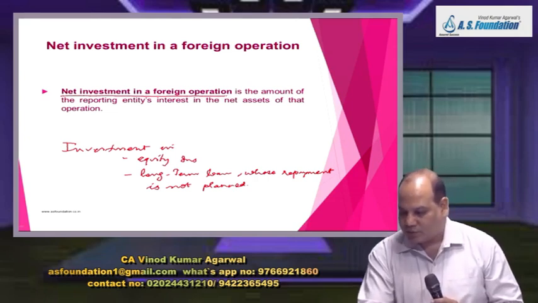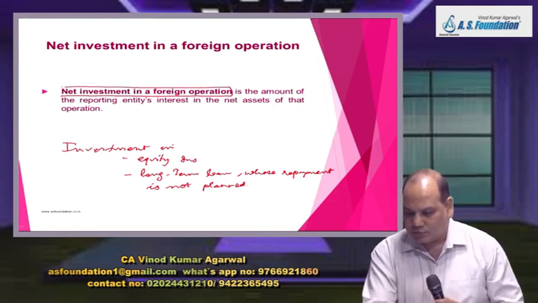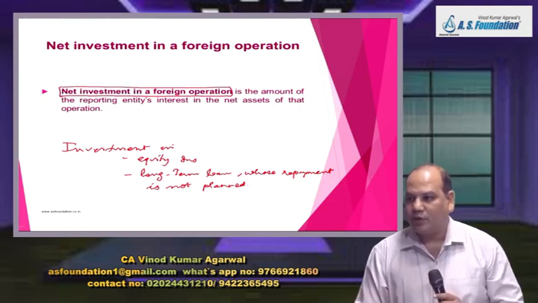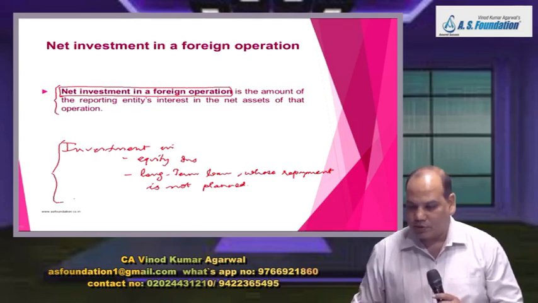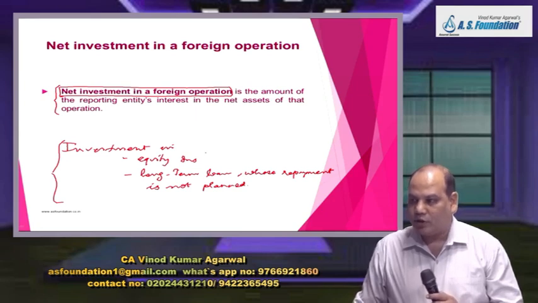Now this standard has some separate rules for net investment in foreign operation. Yes, at some places OCI. So therefore it has been discussed separately, because these are generally very long-term investments in foreign operations.